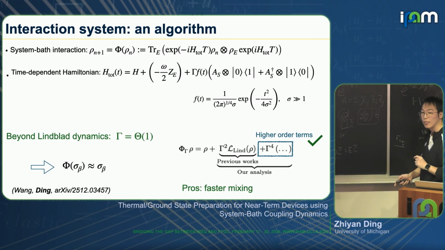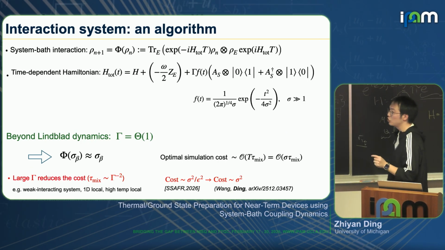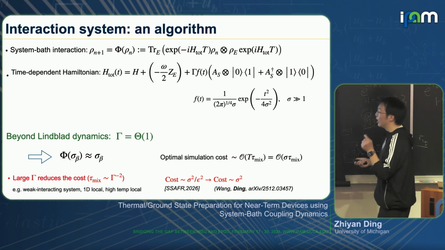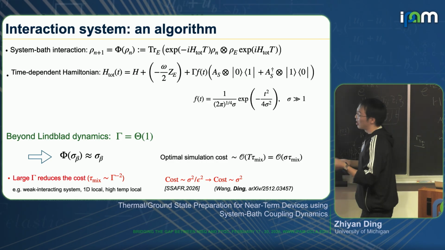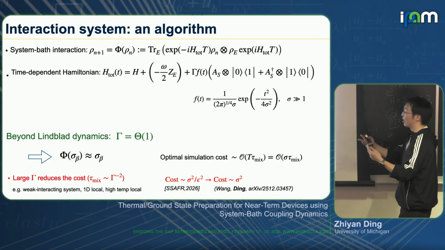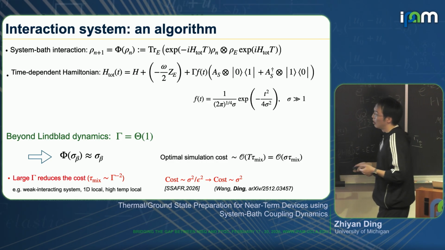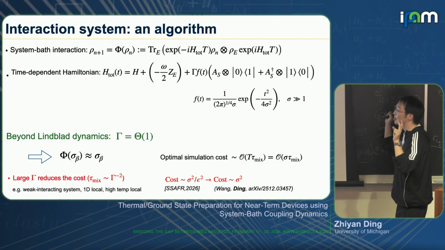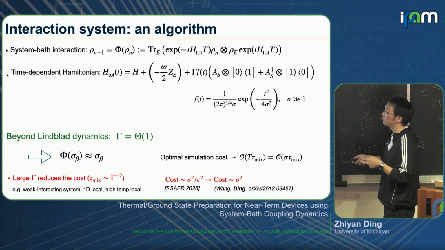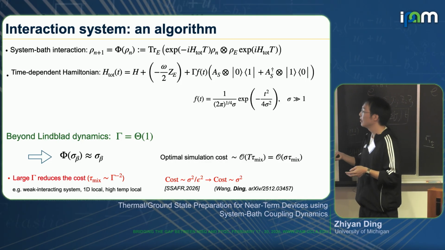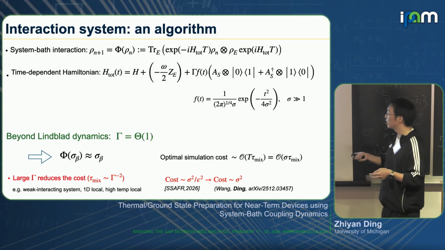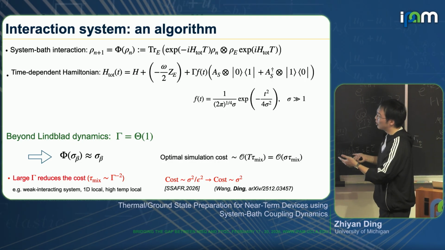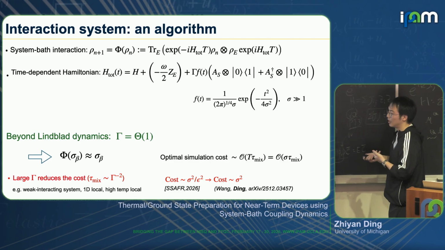One main advantage of this beyond-Lindblad regime is that it can reduce the complexity of our algorithms. For example, if we assume that we use optimal Hamiltonian simulation to simulate this time-dependent Hamiltonian, then the optimal simulation cost scales as capital T times the tau mix, which essentially equals sigma times the tau mix.